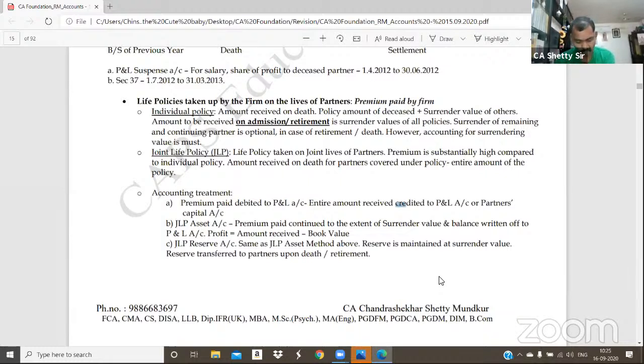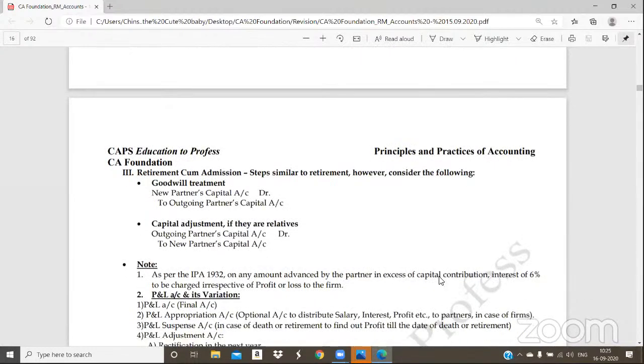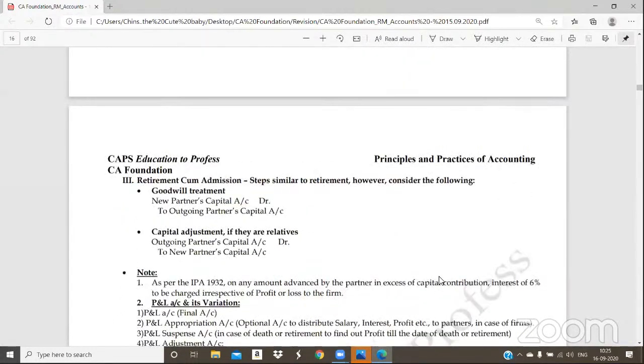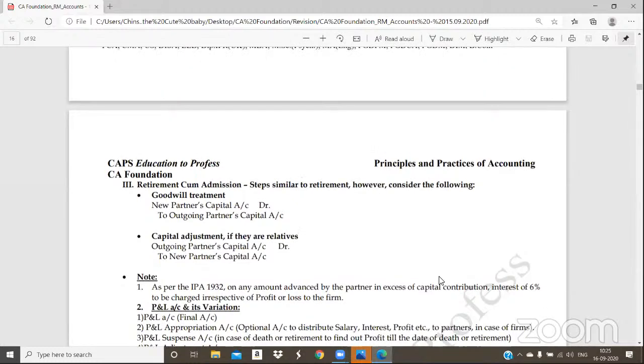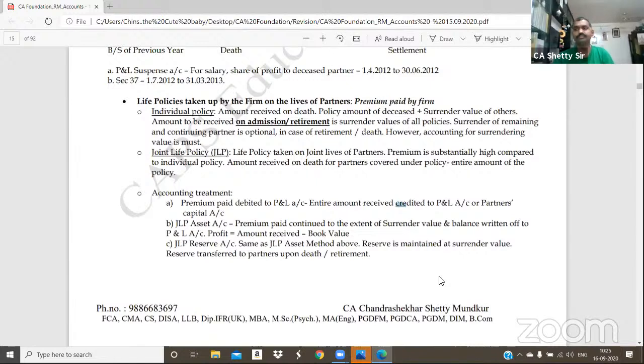Write down. Accounting treatment of life policies, in brackets individual or JLP. Both are the same. First remark. Premium paid, charged to P&L.